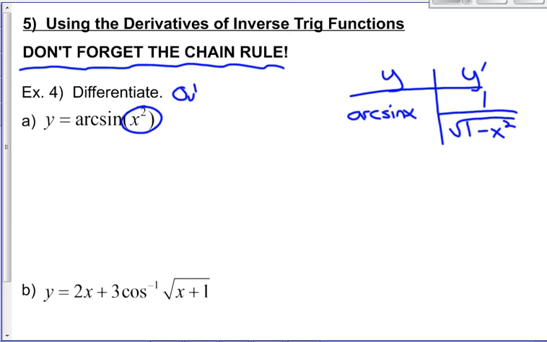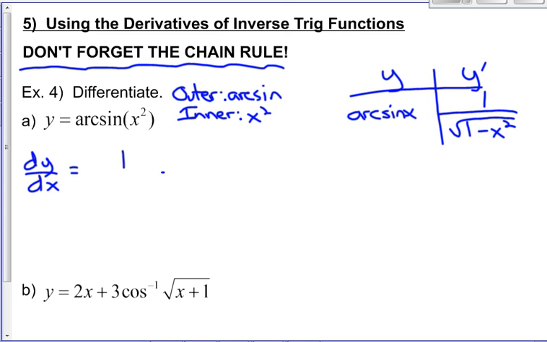There's an outer portion, which is arcsine, and there's an inner part, which is the x squared. So let's deal with the outer first. That's going to be the new rule that we know. The derivative is 1 over the square root of 1 minus, and here instead of an x, you have an x squared. So it'll be x squared squared. I'm just subbing x squared into the formula.